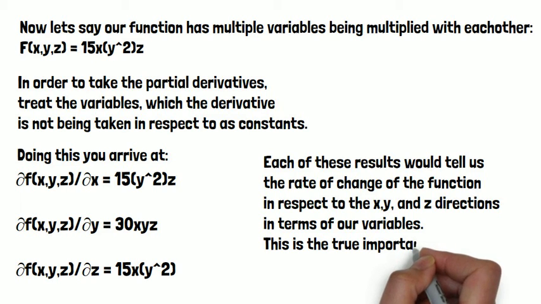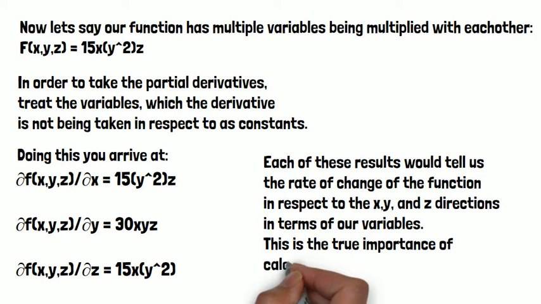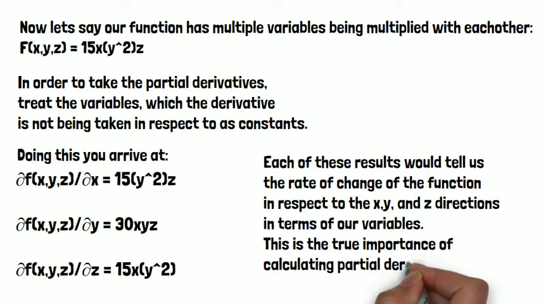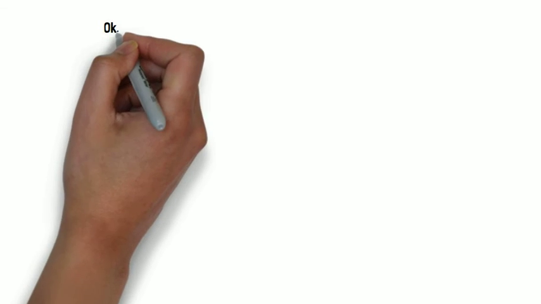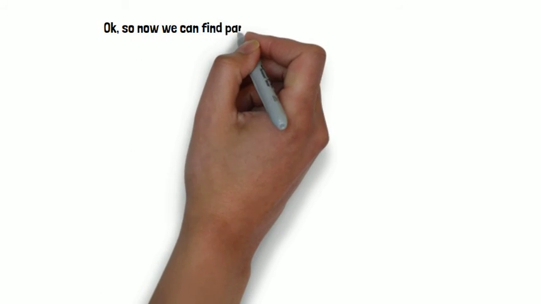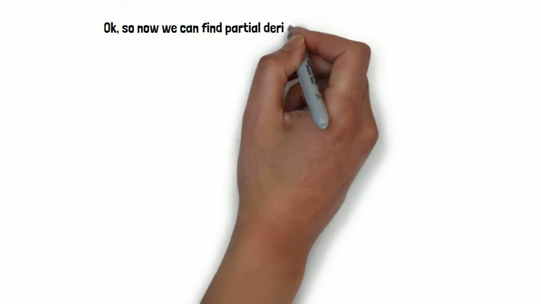Since they're all being multiplied here, it's not necessarily in respect to one component. It might be multiple components, but it is in terms of the original graph. Like the rate of change in the z direction would be the function divided by z, since it's just z percent less.